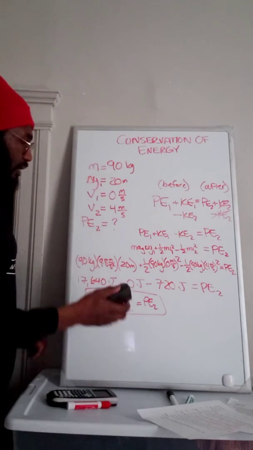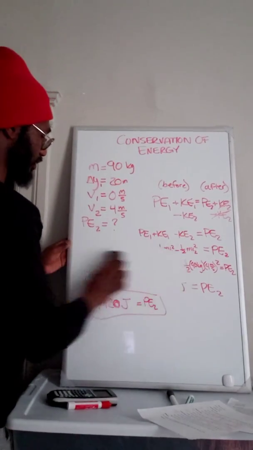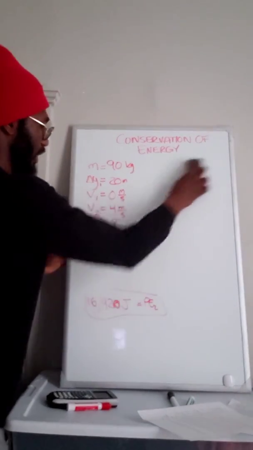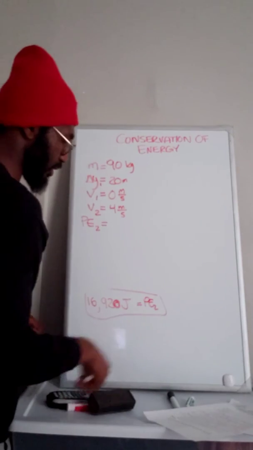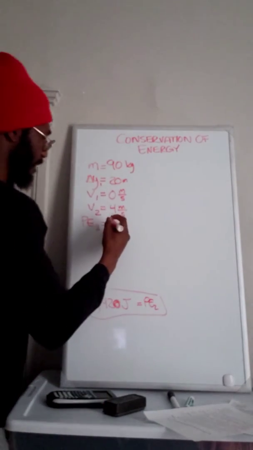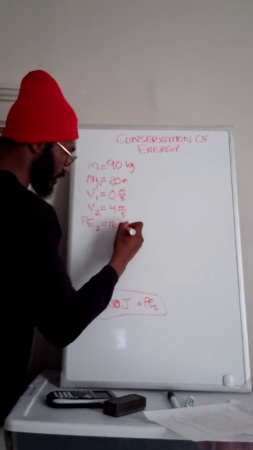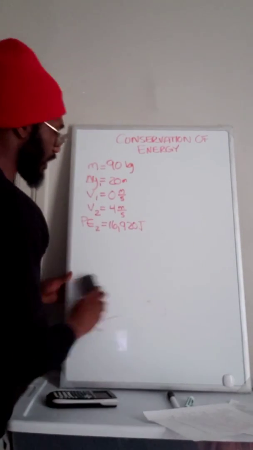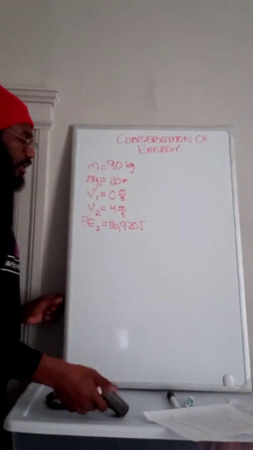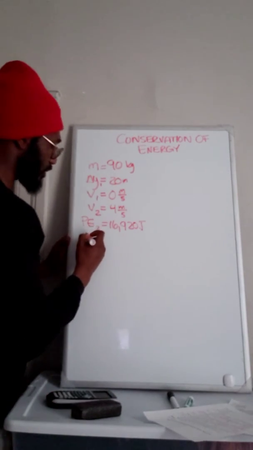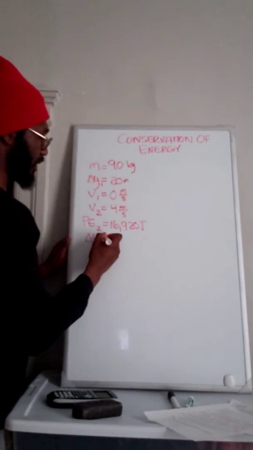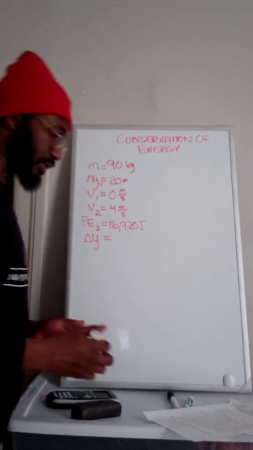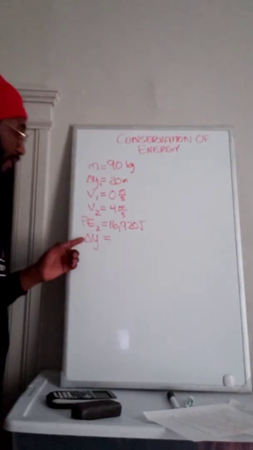All right. So now we're going to go ahead and solve for the final answer. We know potential energy 2 now. That is 16,920 joules. And now we can solve for the height at this potential energy. Because it's the height, it says how high in the air is she at this point.